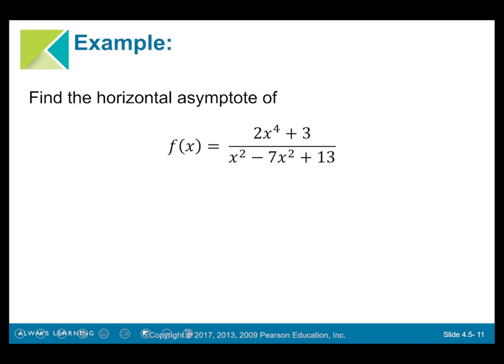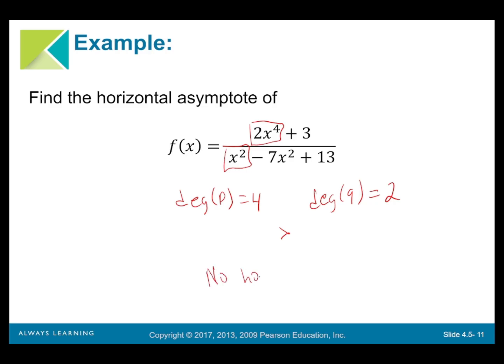Now for our third case, here's my leading term on top and here's my leading term on the bottom. The degree of p is 4 and the degree of q is 2, and 4 is greater than 2, which means there is no horizontal asymptote. And that's what all three cases look like.